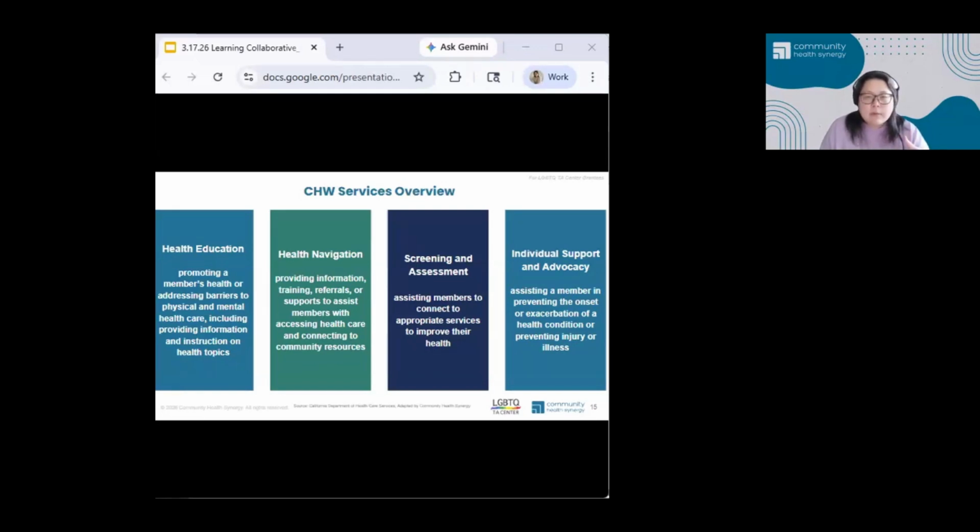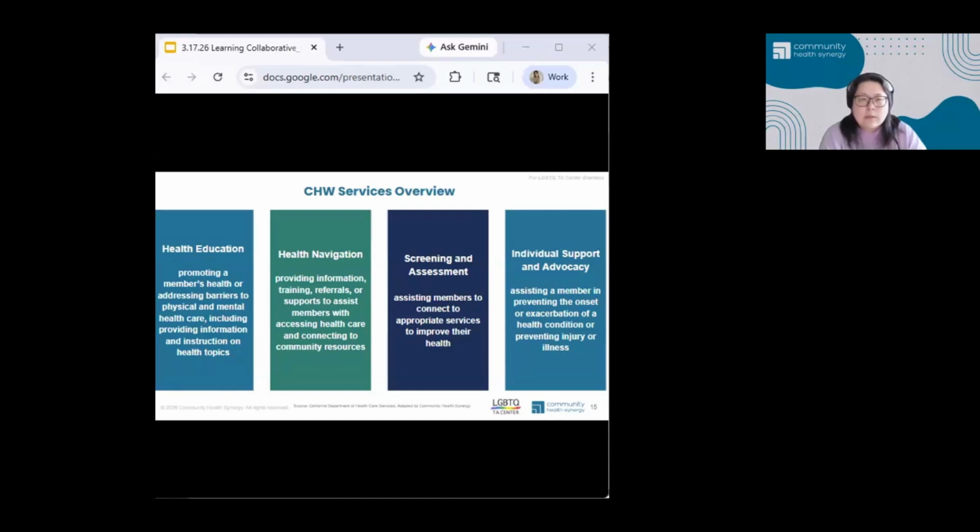So, some examples of health education, obviously, this is probably a little bit more self-explanatory. That would be like providing coaching, maybe to help someone understand various health topics, including improving self-management of, let's say, a chronic disease like diabetes, or addressing barriers to care. Health navigation, again, that's really helping people access healthcare services or connect to resources. So that could be like outreach, referrals, support for care or public assistance.